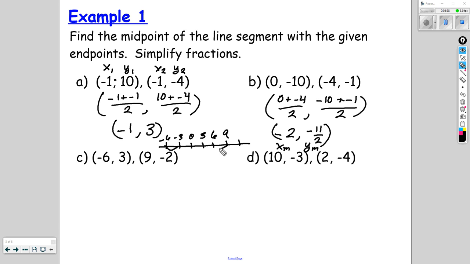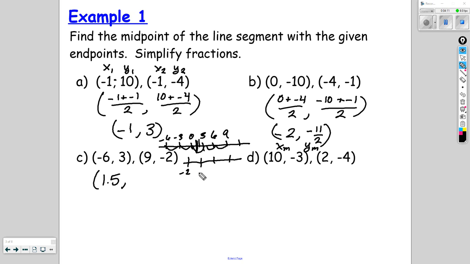So we can go end to end, and then what we find is what's in the middle is going to be exactly in between 0 and 3, which would be 1.5. So that's another way that we could figure out what that middle value of the x-coordinates is. And then same thing for the y-coordinate. From 3 to -2, all we have to do is figure out what is in the middle of that. And I'm just going to go up by 2's here.